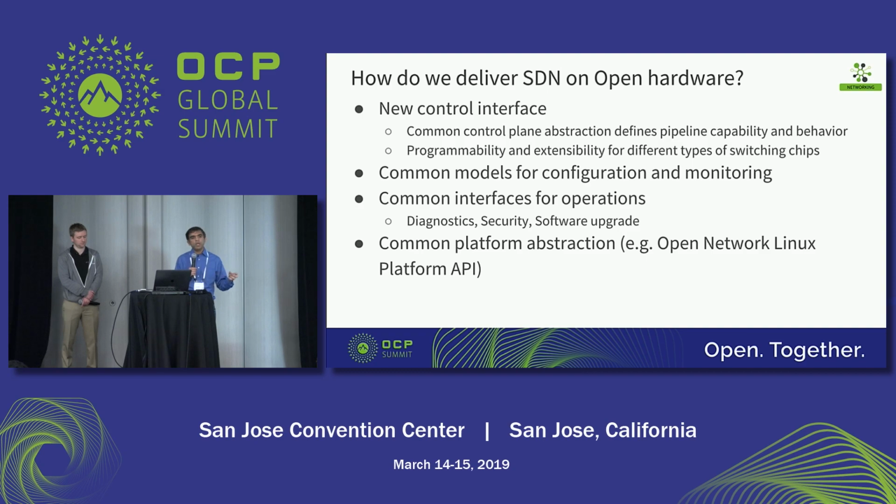So we have a common platform abstraction, and we use ONLP for these, and we'll talk about that in a moment. So basically, we put all of these together, and what you get is an open source switch stack, or a switch operating system, as you might call it.